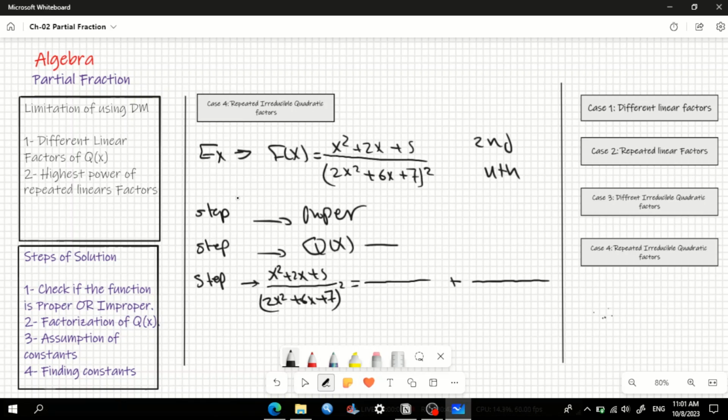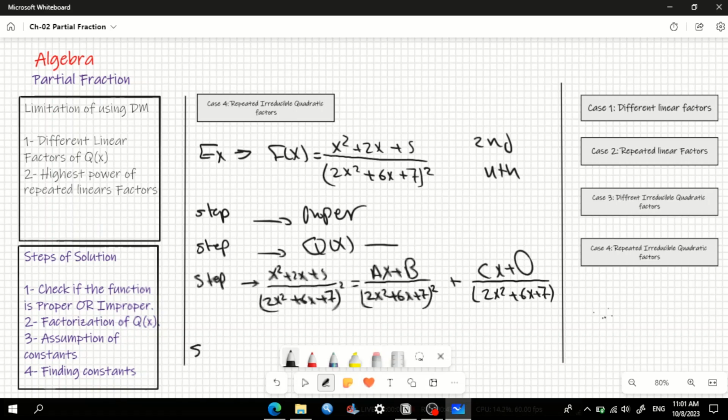As you said before, start from the highest power here and in a descending way up to the first power. So 2x squared plus 6x plus 7 squared, and here 2x squared plus 6x plus 7. Okay, and here we assume for each of these factors two constants. So we have ax plus b, and we have cx plus d.